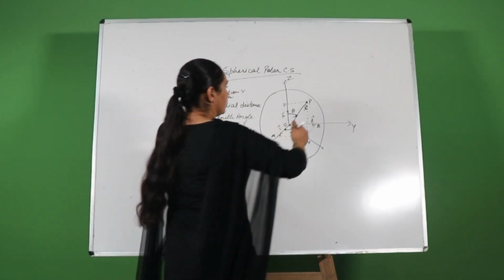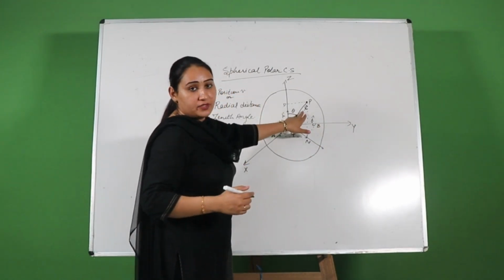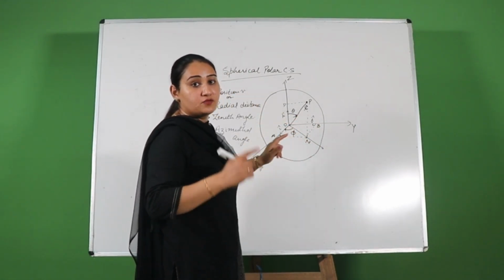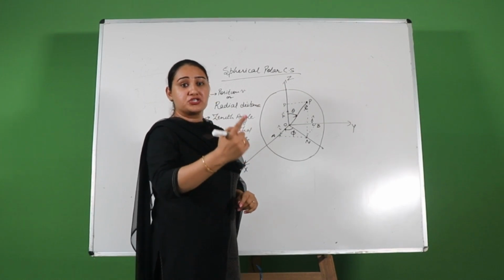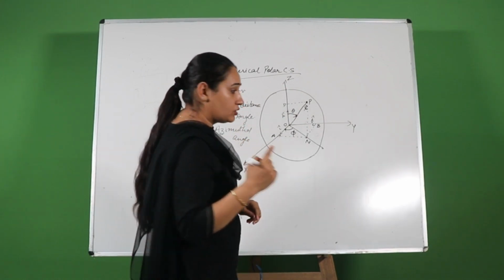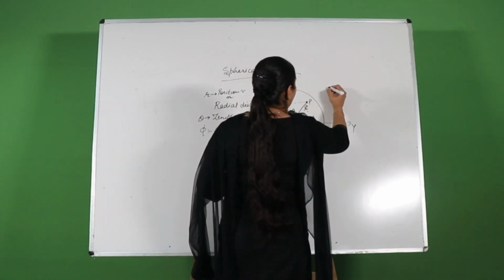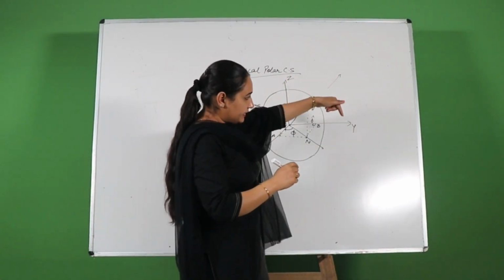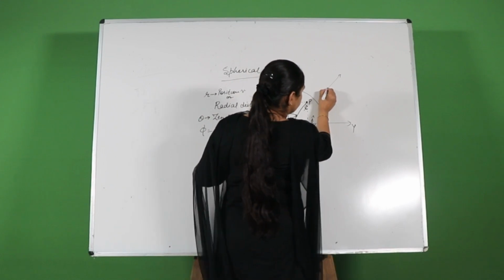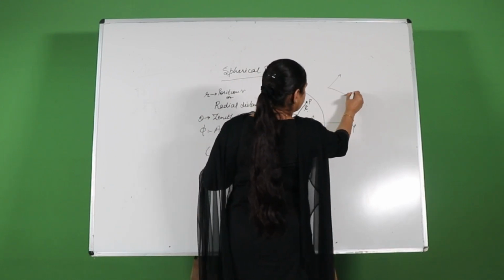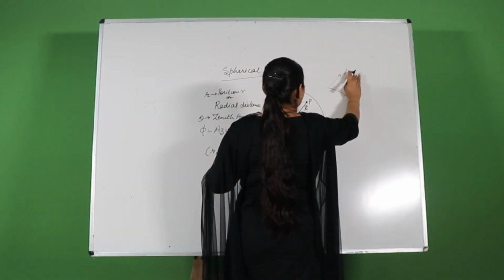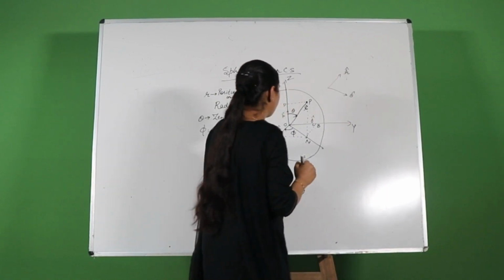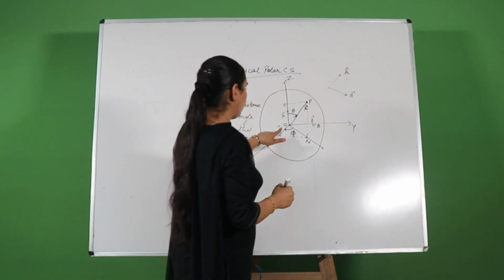What does it mean? That the unit vectors of these spherical polar coordinates will go in the same direction in which their vector will go. So here r is going like this, theta is coming like this, theta cap, this is your r cap, and where is your phi going?